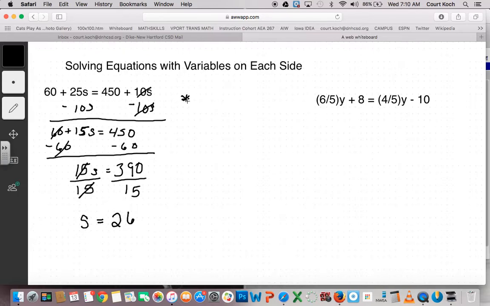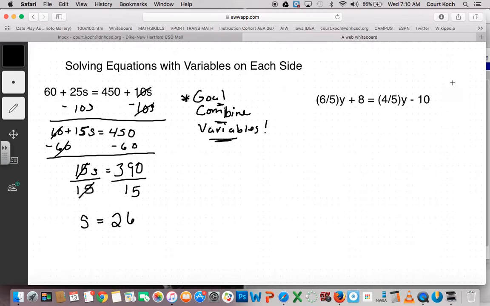That's kind of the goal for today, is to combine variables. And as long as I combine those variables, then I can create a single variable problem, and I can solve it just like I have been, which has been pretty easy for us so far.